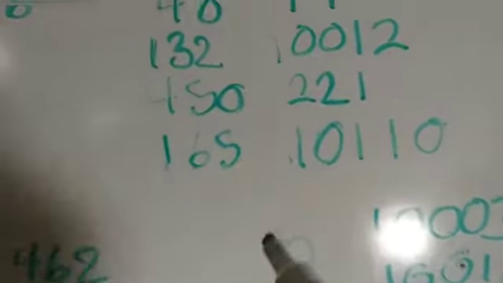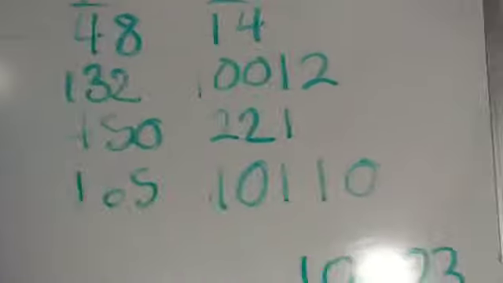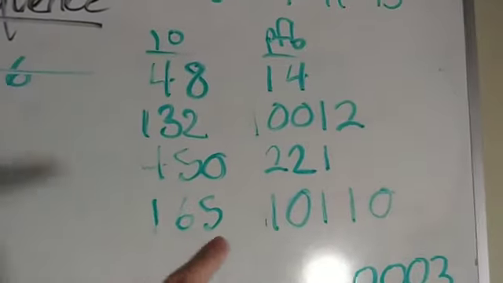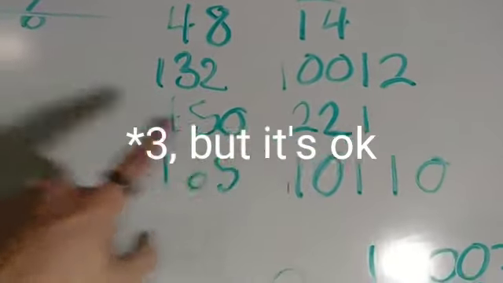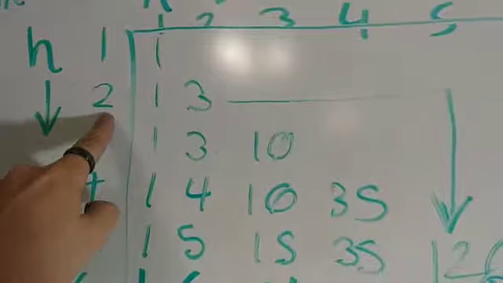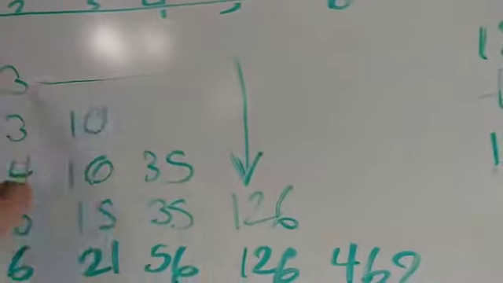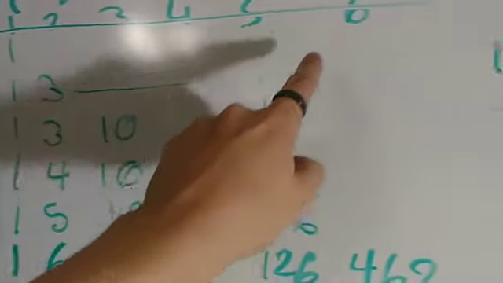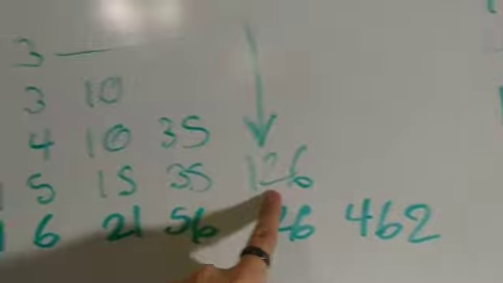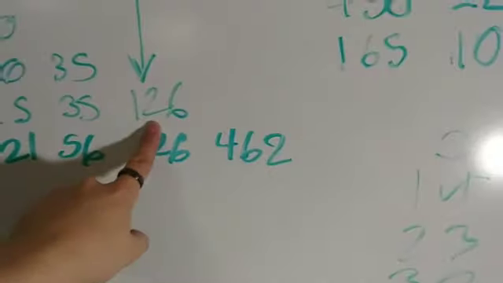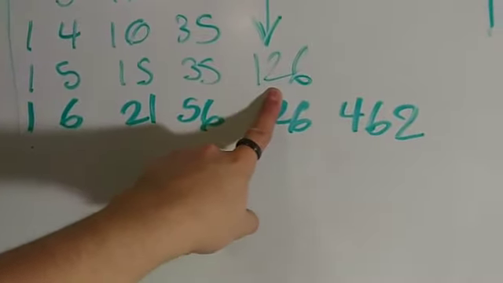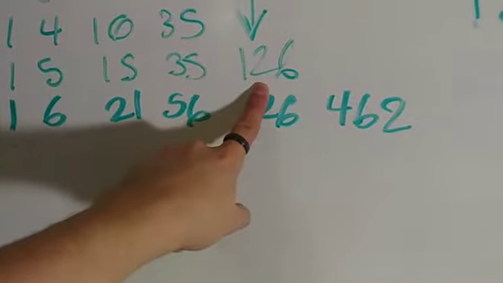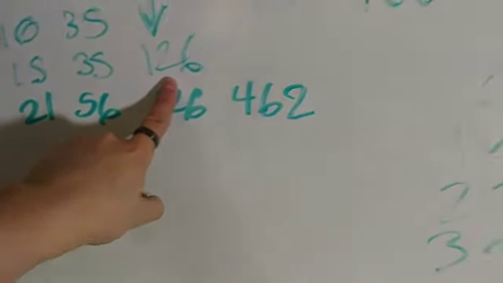450. 450 is 221, which means that the highest prime is 2, H is 2, so it's here, but of course we're going to end up going over. 2 plus 2 plus 1 is 5, which means that it is there, just like before. It is in P55, 126.